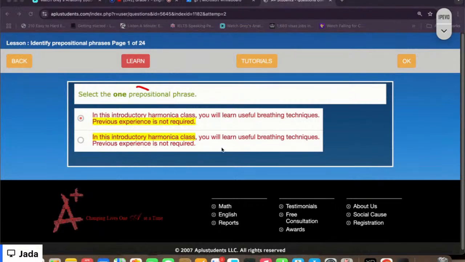In the introductory harmonica class, you will learn useful breathing techniques. Previous experience is not required. So, is it in the introductory harmonica class?